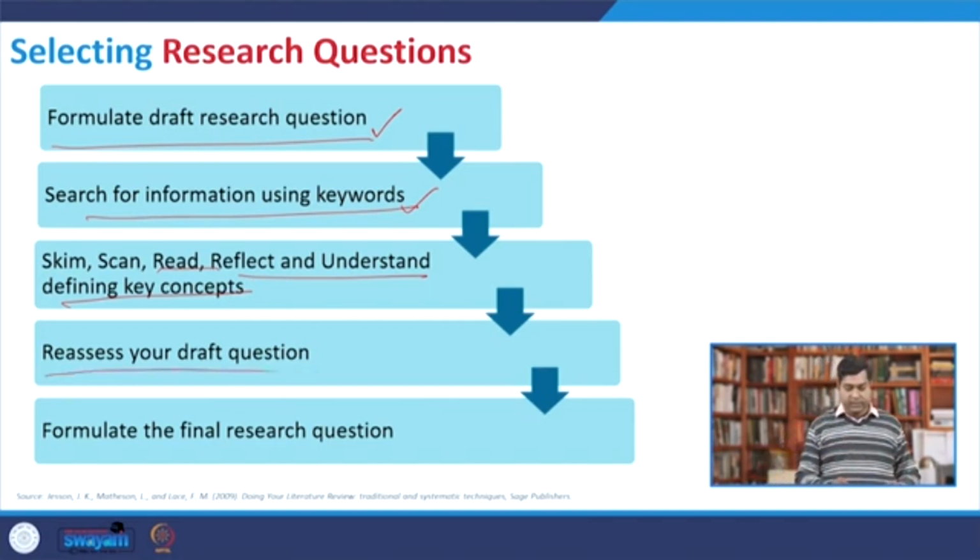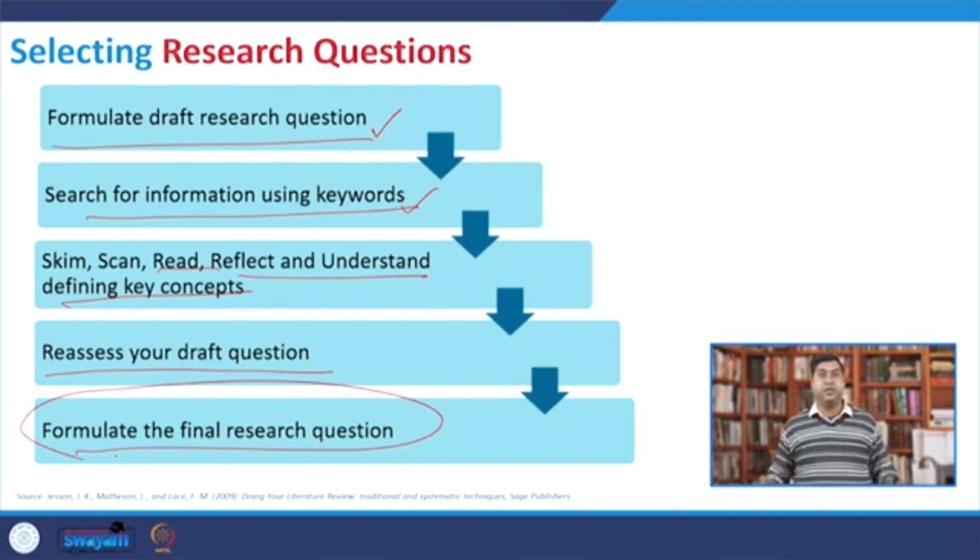Then you again reassess your draft questions and finally you make your research questions depending on the gap. So, it all starts with something very open-ended and broad, and then you narrow down as you progress. At the end of a successful review of literature, you will be confident enough to take up your research questions very effectively based on the gap in the existing body of literature.